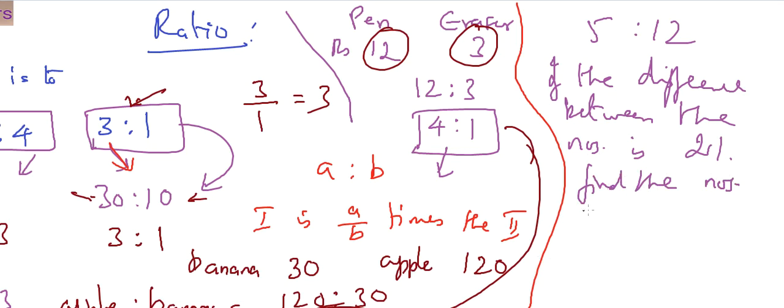So how to begin? Let the two numbers be 5x and 12x.